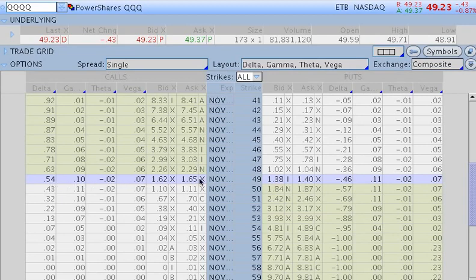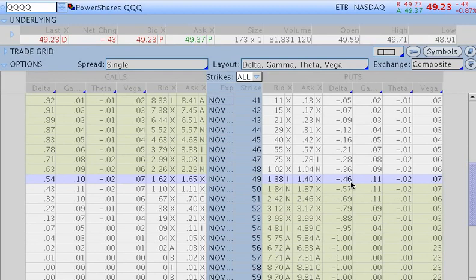Now, if we go over here and take a look at the put options, we know that when we trade puts, we want the underlying security or stock to go down. So you can see here that delta for a put option is always negative because an increase in the stock price is not good for put option buyers. So you can see here that for these 49 November puts, we have a delta of negative 0.46.